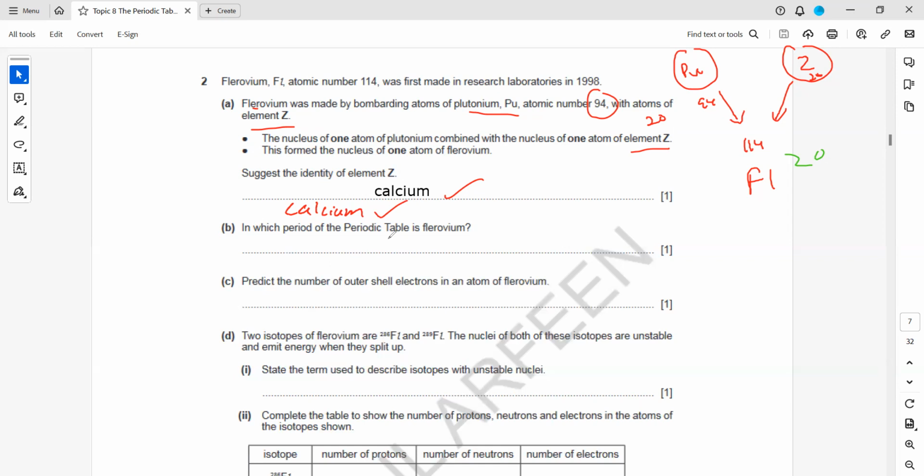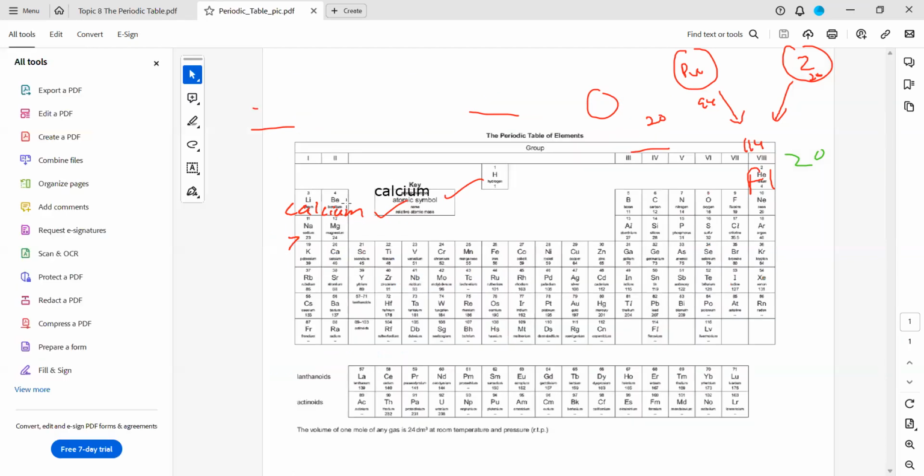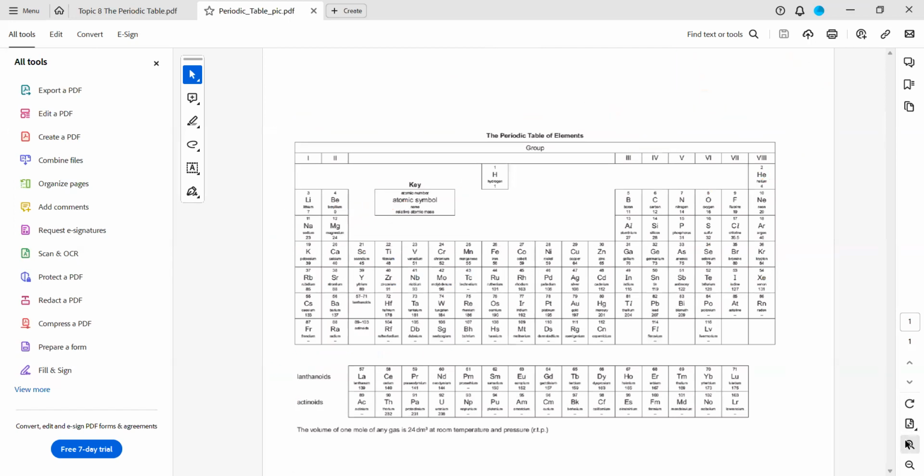In which period of the periodic table does this element belong? For this, you have to use a periodic table. So this is a picture of the periodic table. Where do you find this element? Which period?